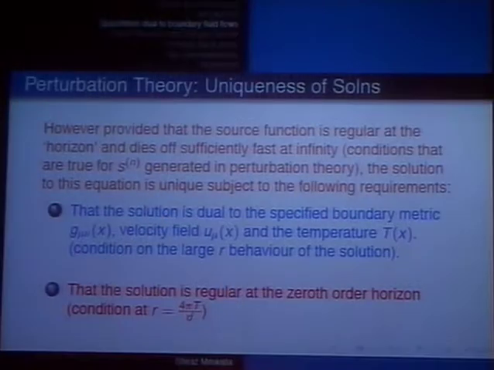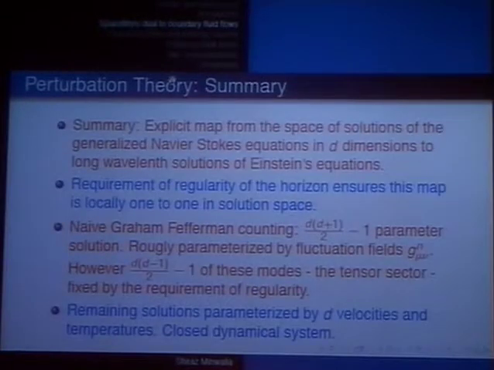However, the fact that these solutions are unique tells you there's actually a 4-parameter set of solutions, parametrized by velocity and a temperature. So somehow we've traded the variables of gravity, namely a metric, for the variables of fluid dynamics, namely velocity and a temperature. Any deviation away from this distinguished set of solutions is singular.